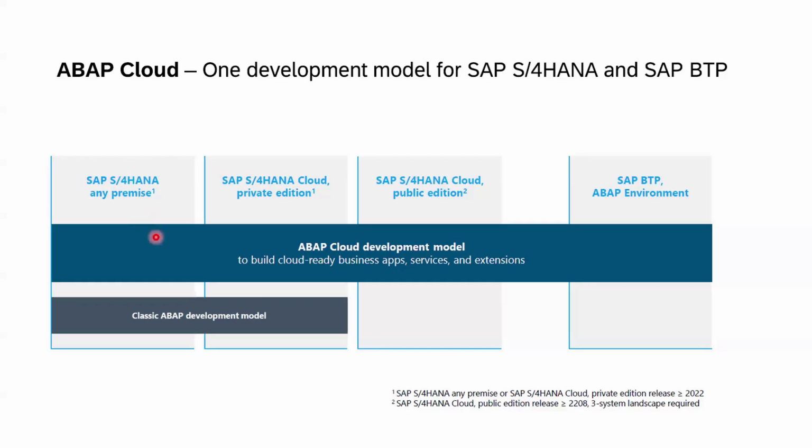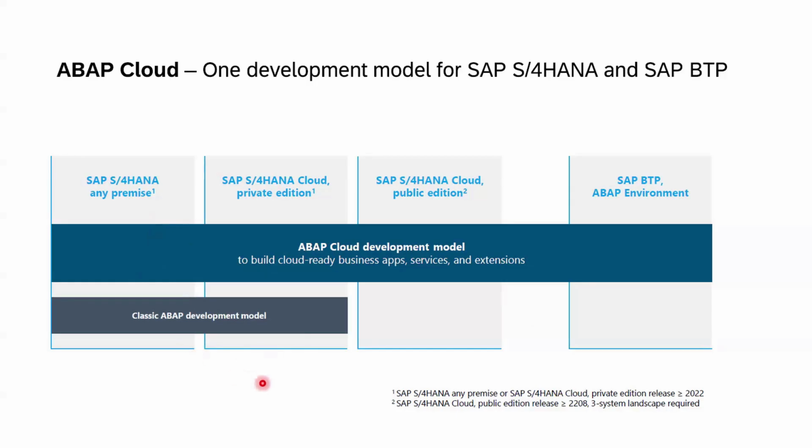You can see this RAP development model is there across the platforms. Irrespective of platforms, you'll be able to use this RAP model. Only classic ABAP development is available in private cloud, but in the public cloud and in the BTP ABAP environment, which is ABAP PaaS, you will be using ABAP Cloud with RAP as a technology.